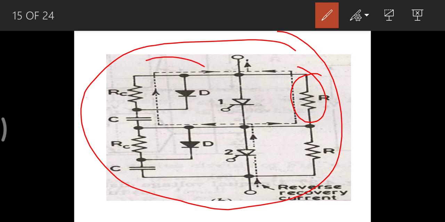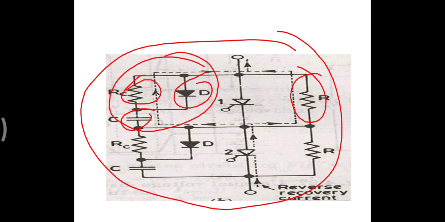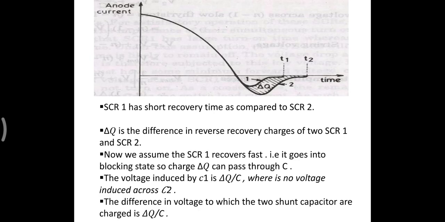Here this is for dynamic characteristics. So this RC is used to limit the high spiking currents, and this diode D is used for the discharging of the capacitance C. So this is the circuit diagram connection for the dynamic characteristic equalization.